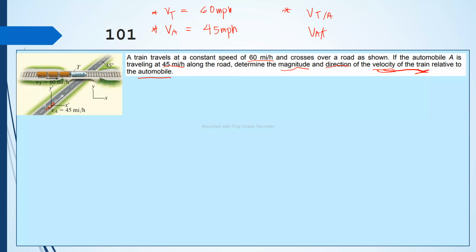So, in this problem, we are to determine the relative motion of the train with respect to A. Therefore, we were asked to find the velocity of the train with respect to the automobile A.